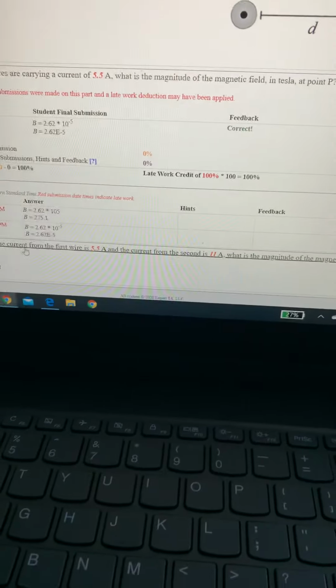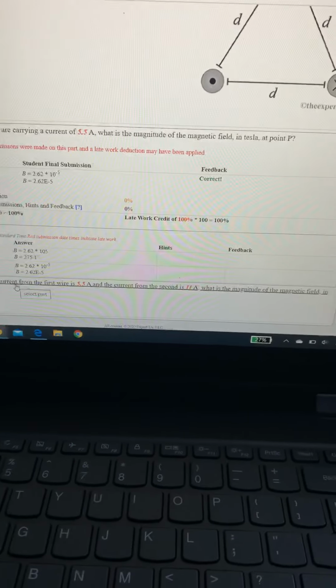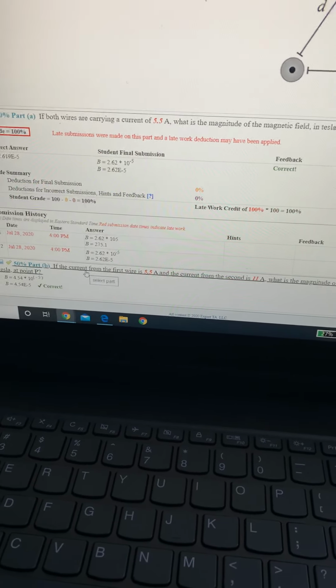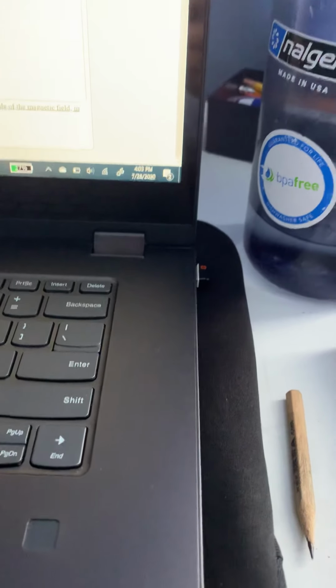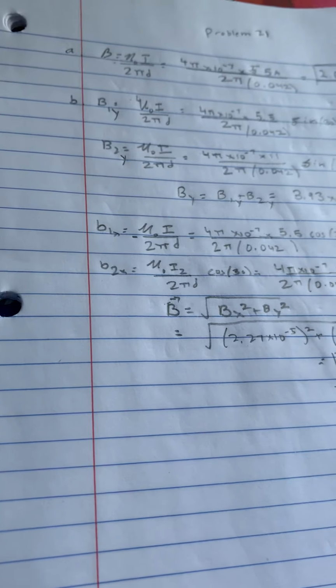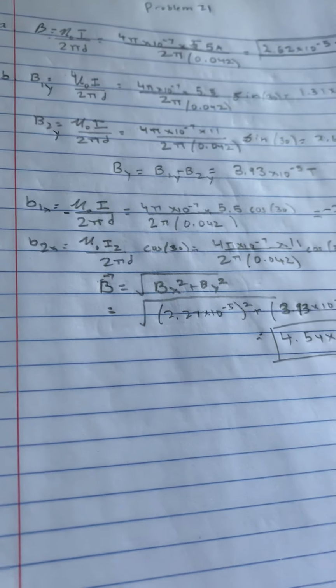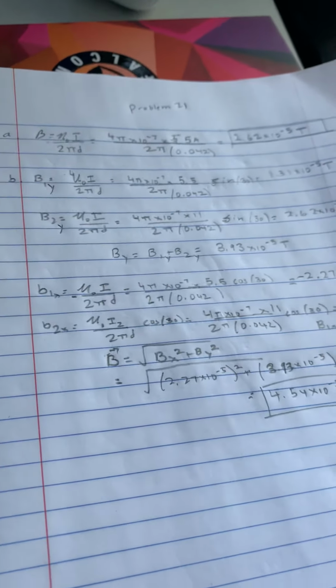And then for part B, the question is, if the current from the first wire is 5.5 amps and the current from the second is 11 amps, what is the magnitude of the magnetic field at point P? Now it's a bit different because it involves different currents, so we have to split this into an x and a y component, as vector quantities, as the magnetic field will push in the x and y direction.